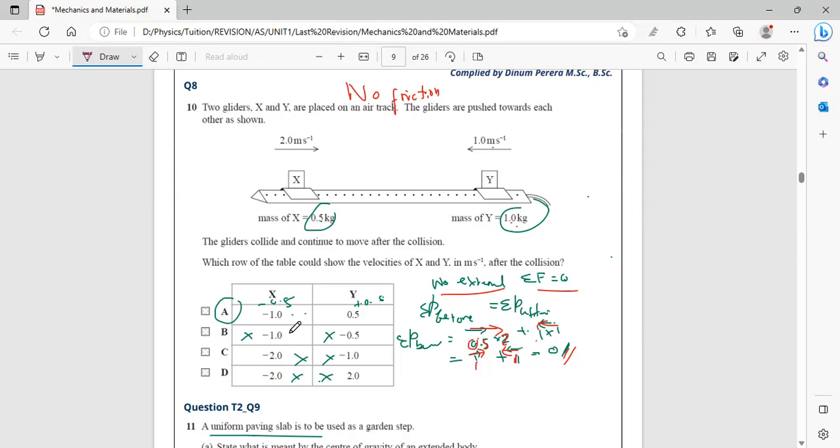Minus won't be cancelling each other. And same with C as well, right? So C and B are anyway wrong. And when you take D, that can't be the case. One is positive, one is negative, but the velocities are the same. Velocities cannot be the same because the masses are different. When the masses are different, velocities cannot be the same because initial momentum was 0.